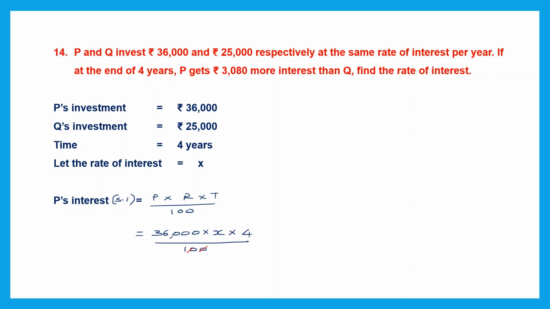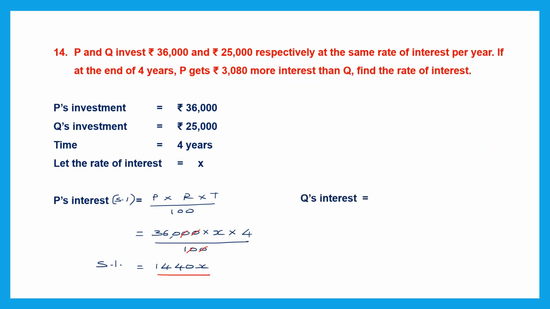I have 2 zeros that can be removed. Now let me just multiply 360 into 4. 4 zeros are 0, 4 sixes are 24, carry 2, 4 threes are 12, 13, 14. So 1440 X. That means the simple interest for P is 1440 X.